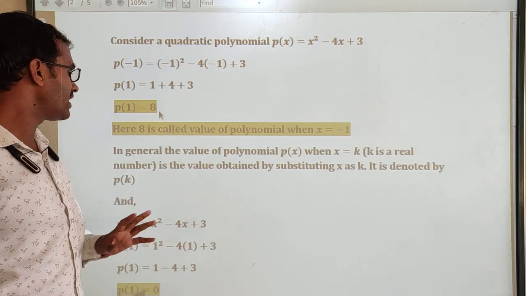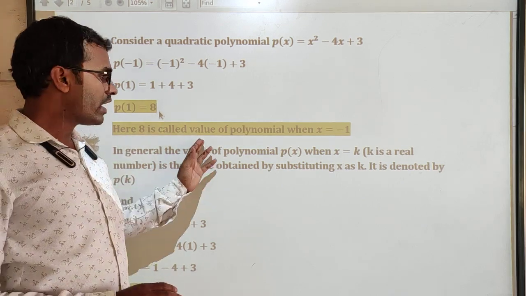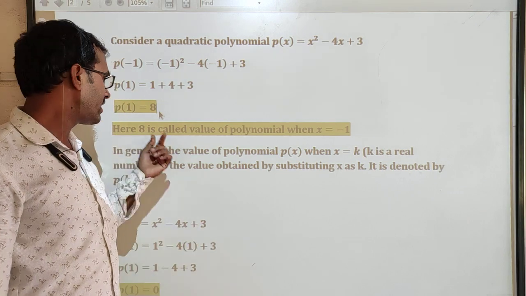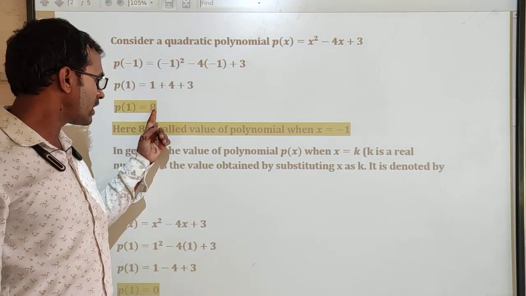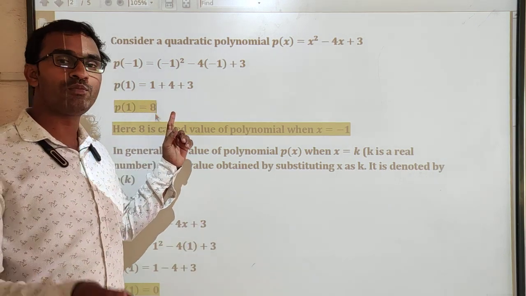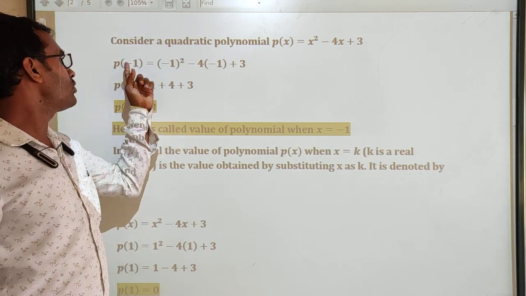So p of minus 1 equals 8. Here 8 is called the value of the polynomial when x equals minus 1.